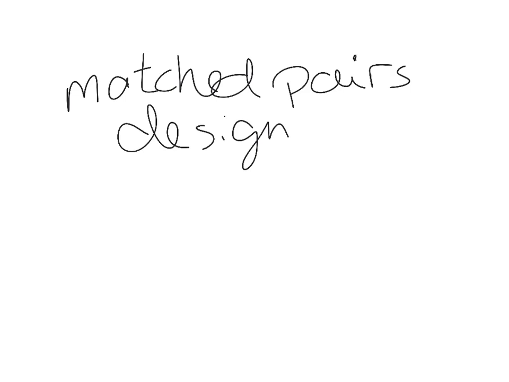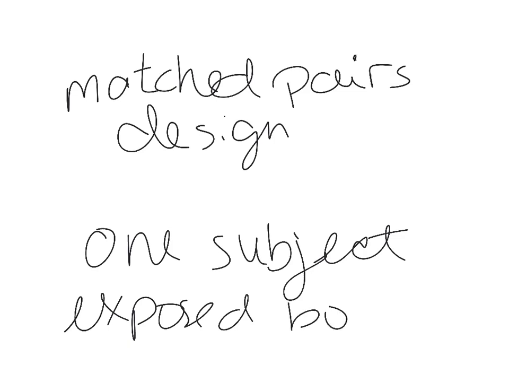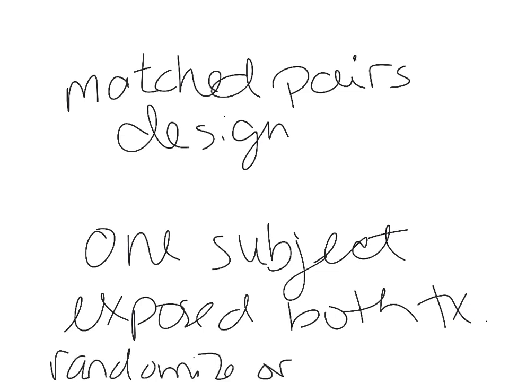Sometimes, and a lot of times actually, a matched pair design is done with just one subject. And that one subject is exposed to both treatments. And if that is the case, you have to randomize the order of the treatments, because the order could influence their response.